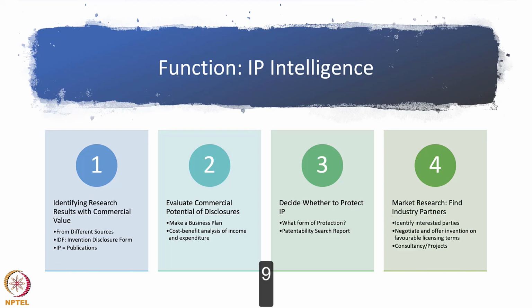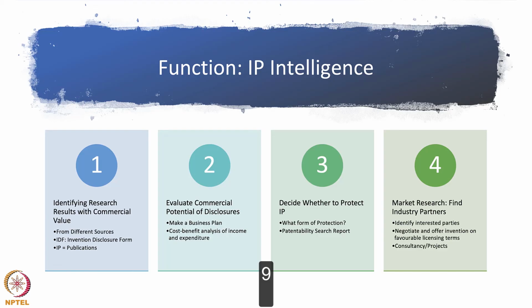And what kind of IP, whether it should be something for a shorter duration or whether it should be protected for a longer duration, what will be the kind of IP you would use, this call is taken by the IP center. Obviously, the IP center will also be assisted by committees.